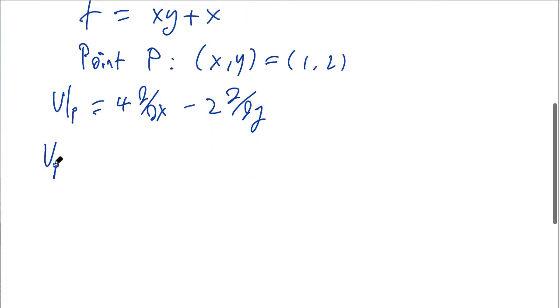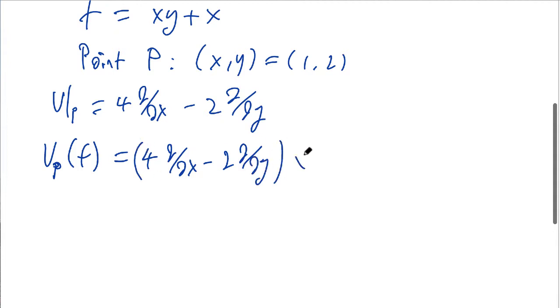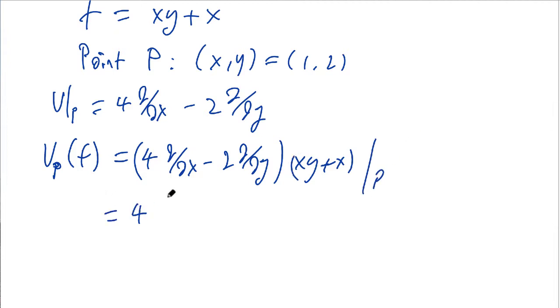Calling the vector at that point v_P, acting on the function f is 4 d/dx minus 2 d/dy, acting on xy plus x at the point P. So this is 4 times the derivative of the function with respect to x, which is y plus 1, minus 2 times the derivative with respect to y, which is x, all evaluated at the point P. If we insert y equal 2, this is 4 times 3 is 12.